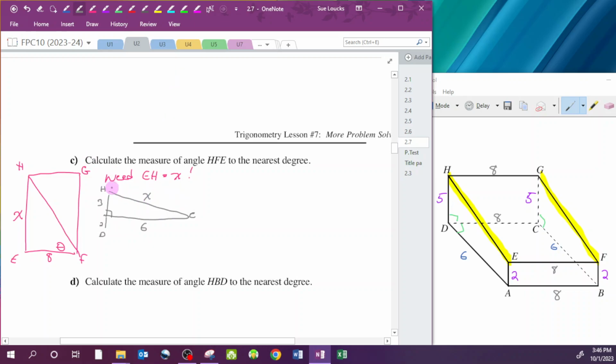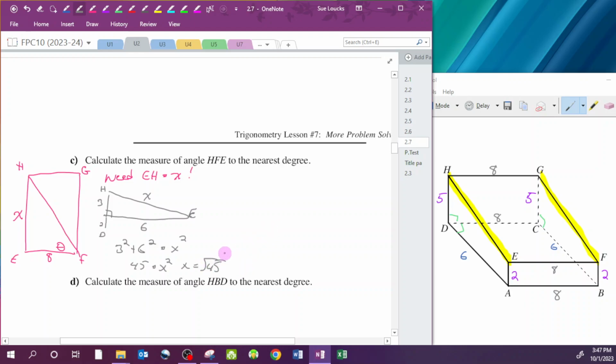Okay, so how can we find X? Well, we can use Pythagoras. We do have a measure for this angle, but why would we use it if we don't need to? We can use raw data and we can use Pythagoras. So we know that 3 squared plus 6 squared equals X squared. So 45 equals X squared, so X equals root 45.